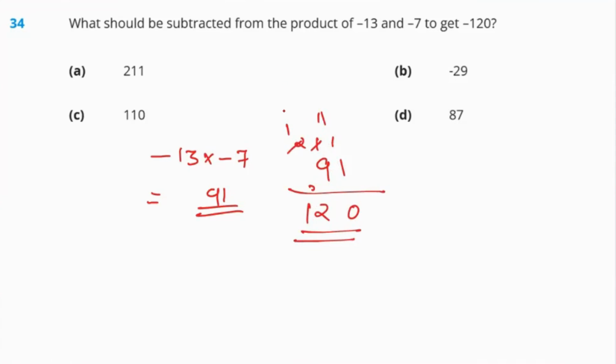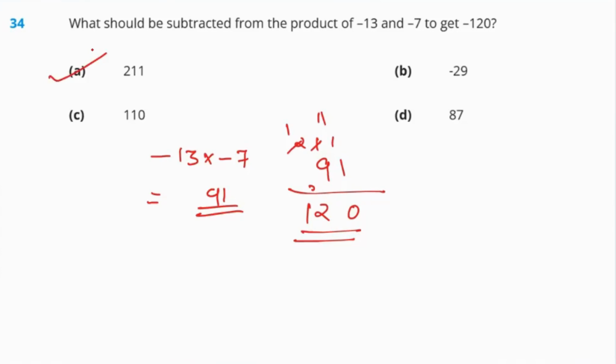So what should be subtracted from 91 to get minus 120? Yes, the first option is the correct one. That is, 211 has to be subtracted from the product of minus 13 and minus 7 to get minus 120. So our first option is the correct one, and we don't need to check the other options. 211 is the correct answer.